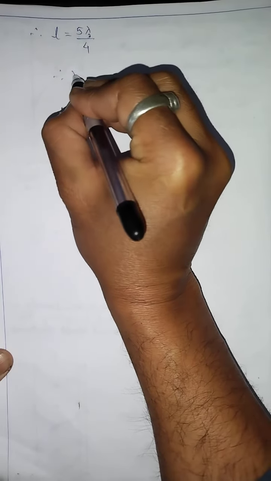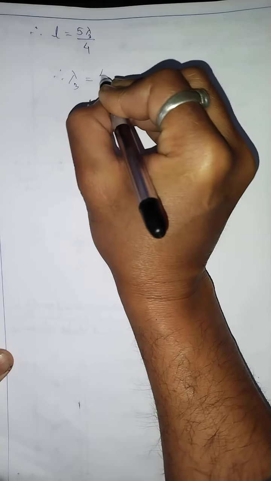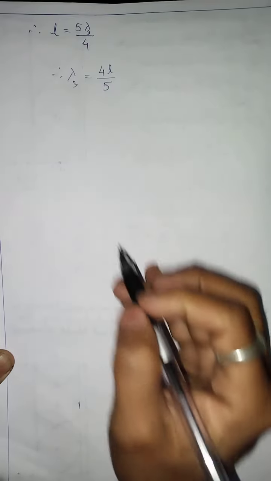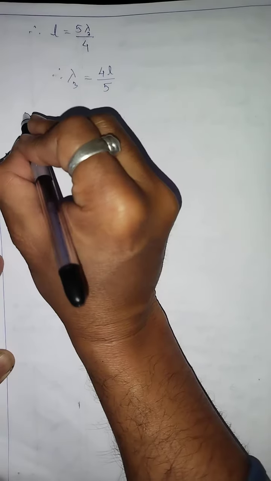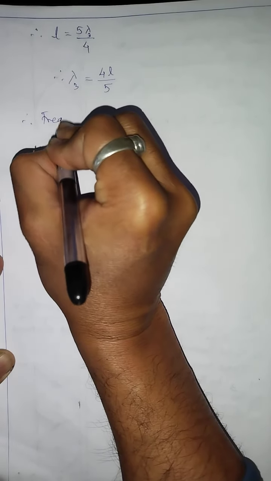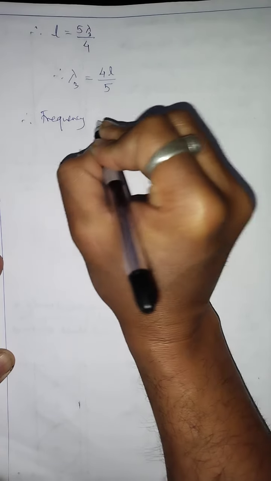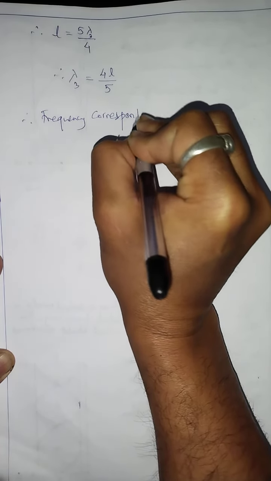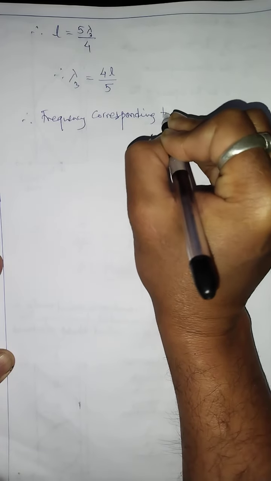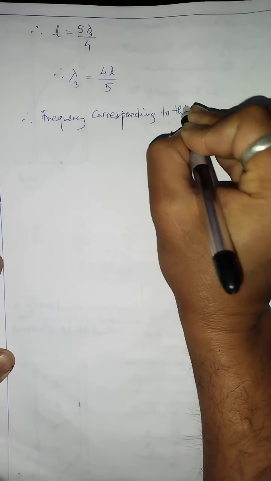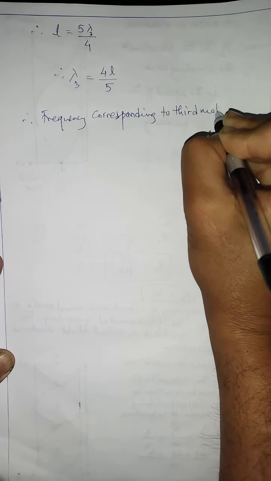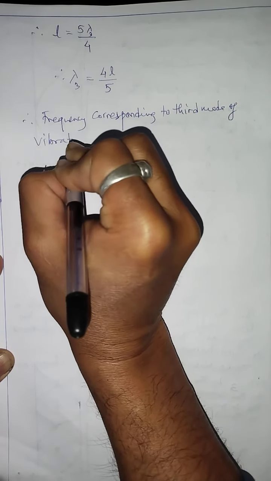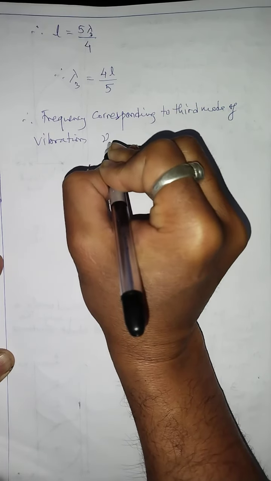So from here I'll make lambda 3 the subject. So lambda 3 will be 4L by 5. If this is the wavelength, then we can calculate the frequency. Therefore the frequency corresponding to the third mode of vibration, and that frequency is marked by the letter nu 3.